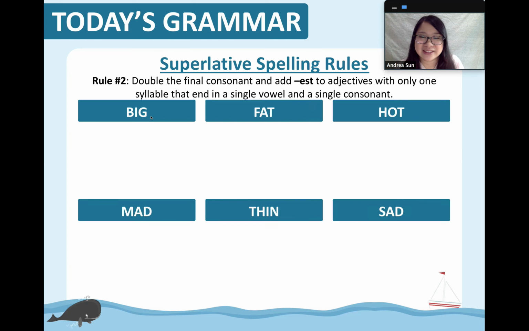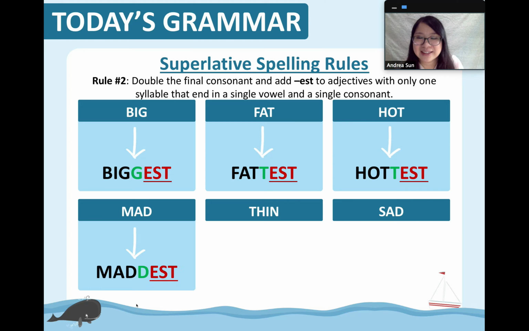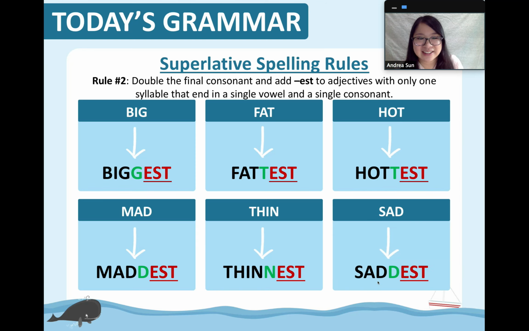So let's practice with these adjectives. Big, biggest, double G. Fat, fattest, double T. Hot, hottest, double T. Mad, maddest, double D. Thin, thinnest, double N. Sad, saddest, double D.